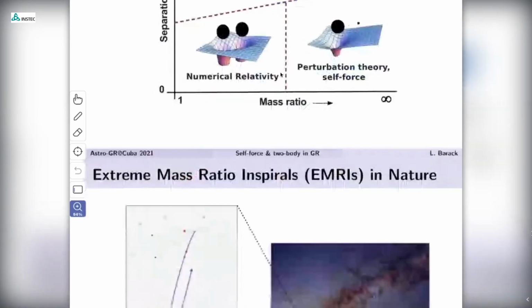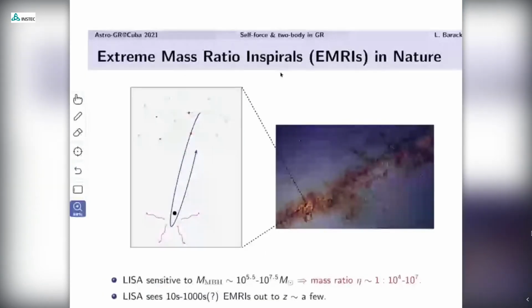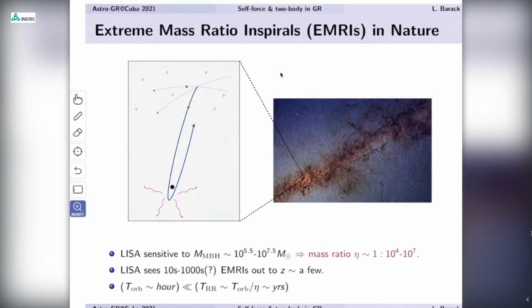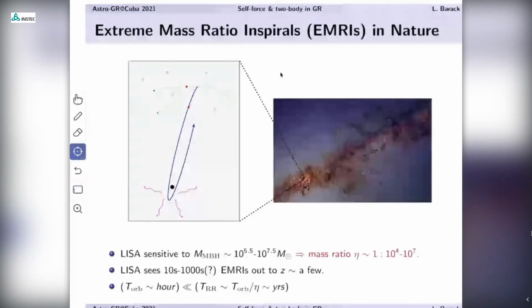So, astrophysics. Why are we so interested in this kind of extreme mass ratio? Here's the acronym that I had before, EMRIs, extreme mass ratio inspirals. Since a while ago, in the 90s, people realized that the universe abounds with things like that, which may be detectable with a gravitational detector put in space.